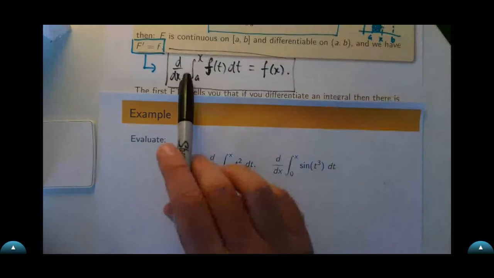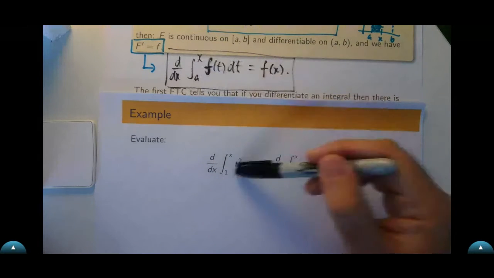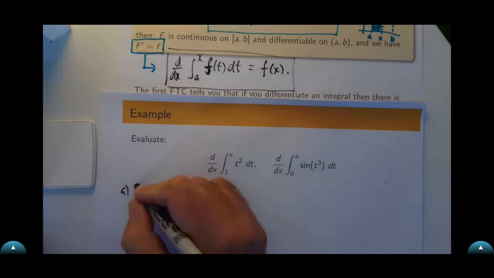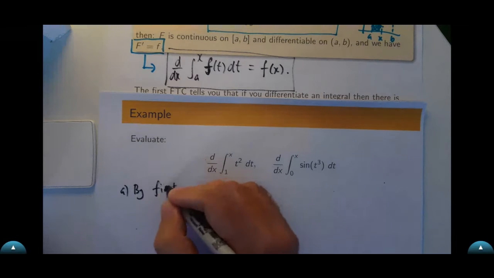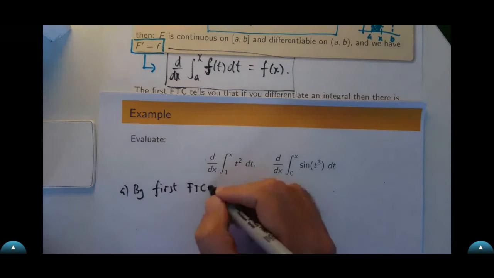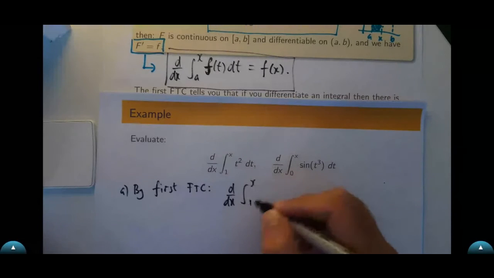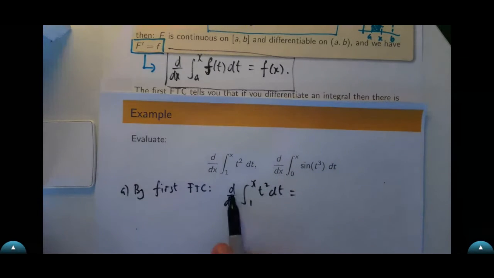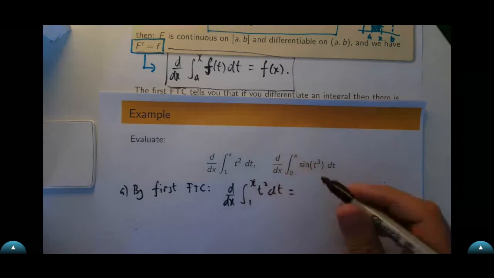And if I differentiate, I've got the same structure here. What I can do is cancel off. Okay, so the derivative and the integral cancel, and you replace t with x.